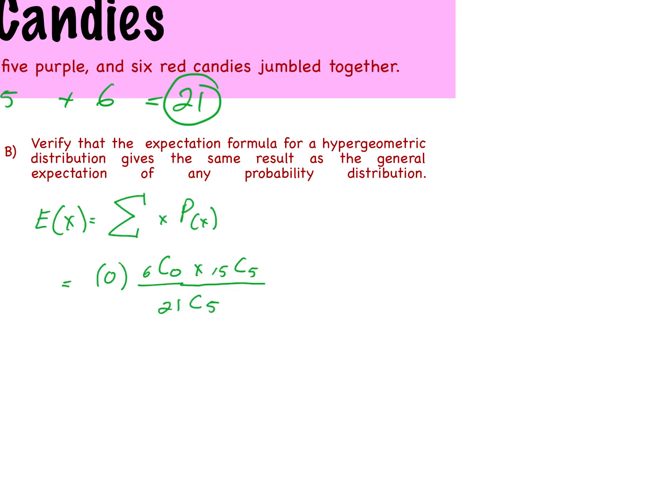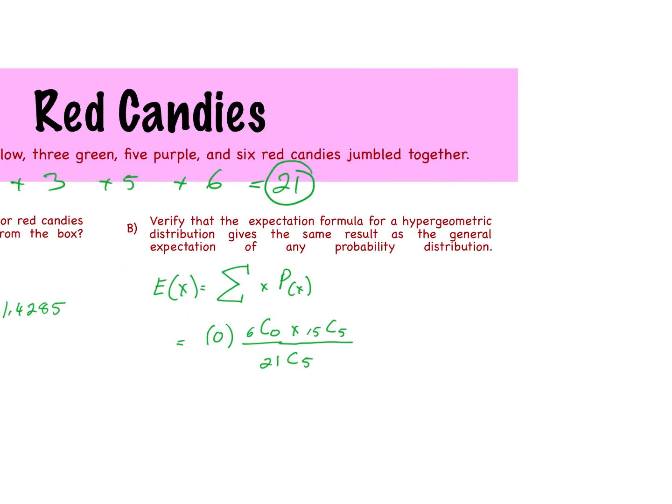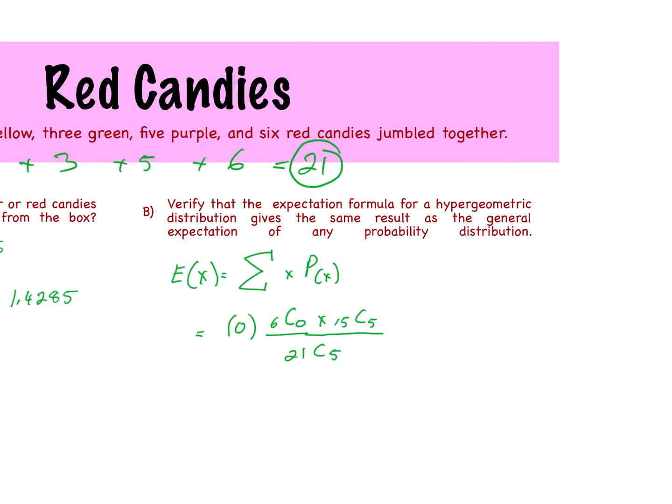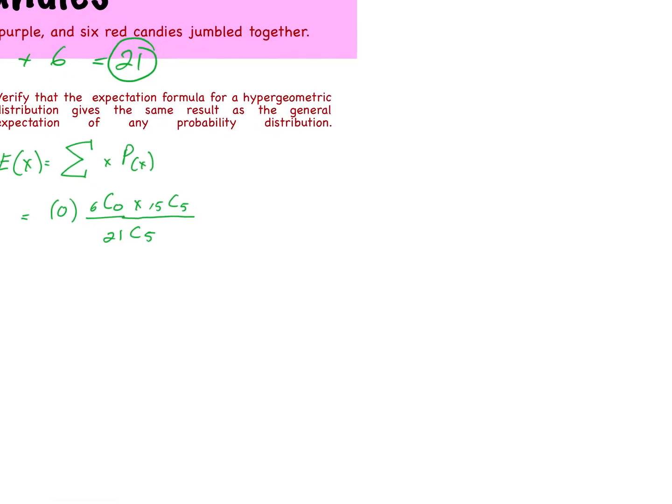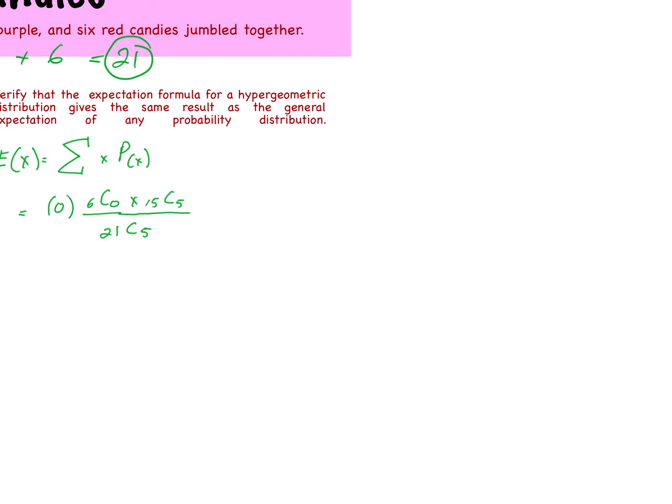So where do these values come from? So 6 is the number of red candies, and that means of the remaining candies we have 15. So we're trying to figure out the expectation of simply red candies. So 0 red candies plus the probability of 1 red candy.